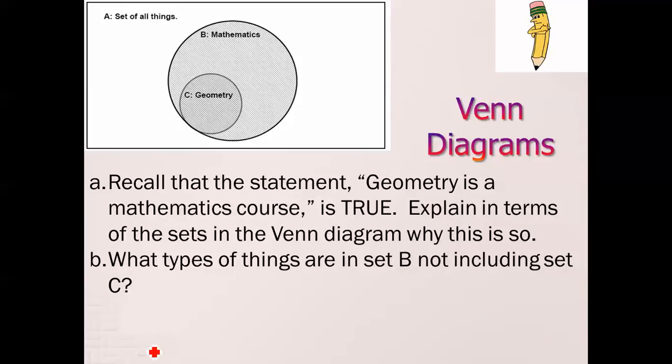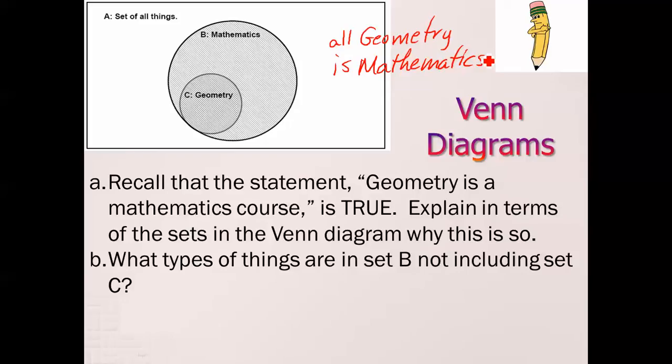Alright, now looking at this one, notice this set here, geometry, is completely included in mathematics. That means all geometry is mathematics. All of it, not just part of it.